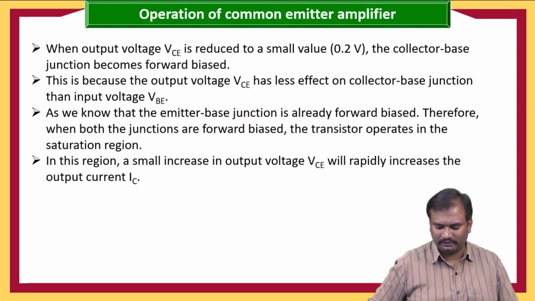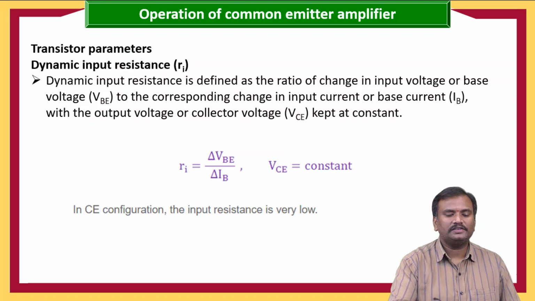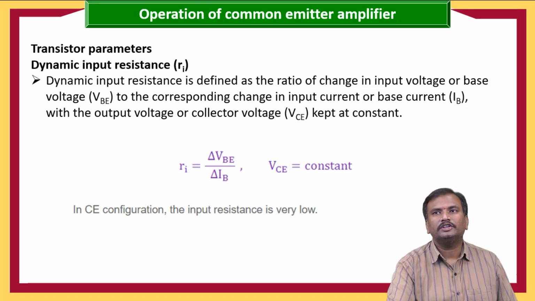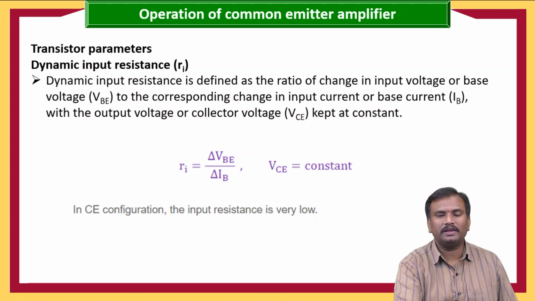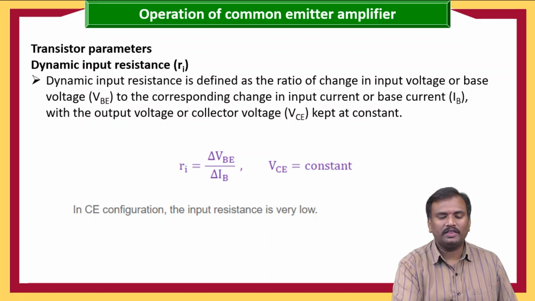Now we'll go with the transistor parameters. The first one is dynamic input resistance. Here the dynamic input resistance is defined as the ratio of change in input voltage or base voltage to the corresponding change in input current or base current, with the output voltage or collector voltage kept constant.